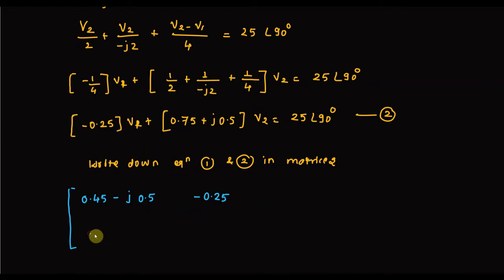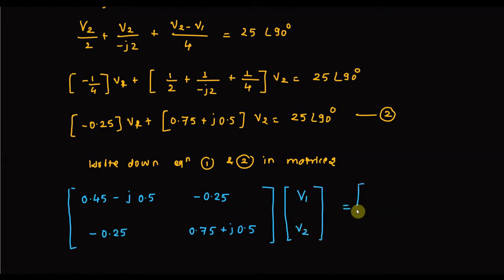This equation is minus 0.25 and this is 0.75 plus j0.5. As there are two nodes, the size of the matrix is 2 by 2. You can see that there are 4 elements. Here it will be V1 and V2, which are the unknowns, and this will be equal to the current matrix.